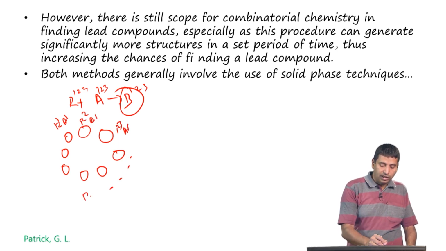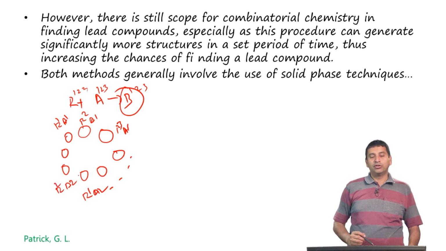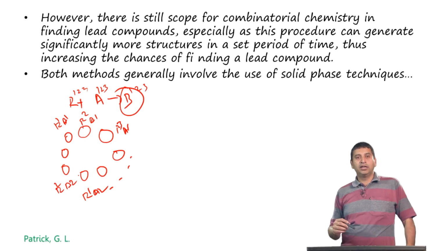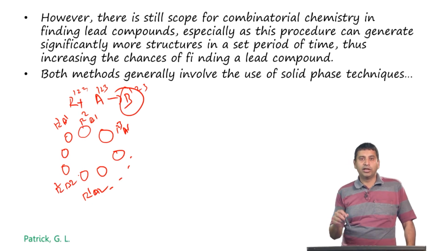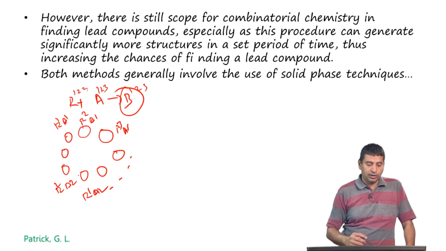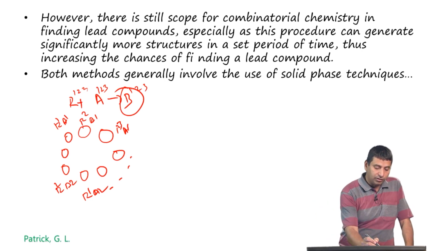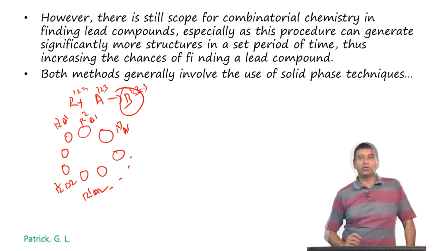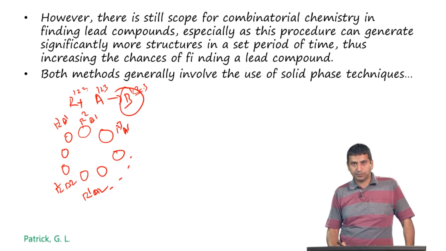You can have R1 reacting with A2, R2 reacting with A2 and so on. So, if you follow this approach, then in each reaction vessel you would get a single compound which is B1, B2, B3 and so on. Okay. So, you may have to add another number here to reflect accurately what the products are.